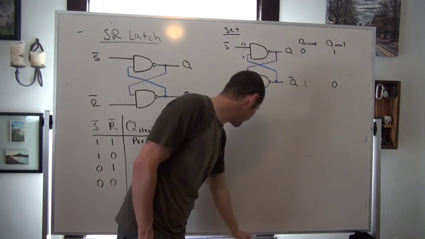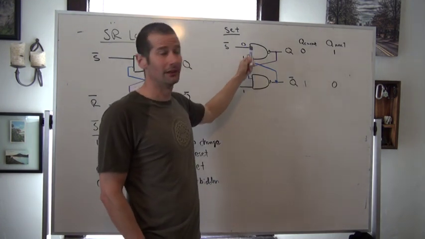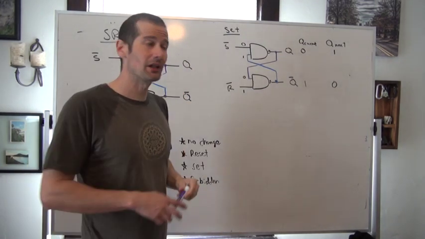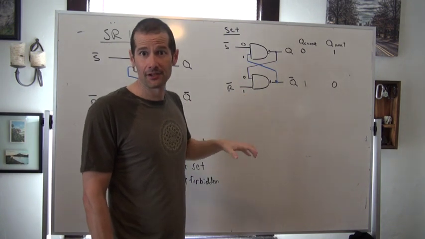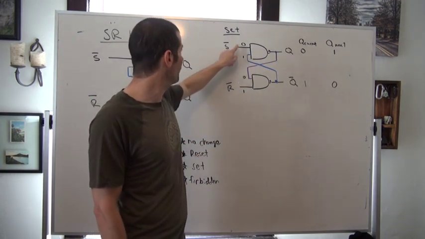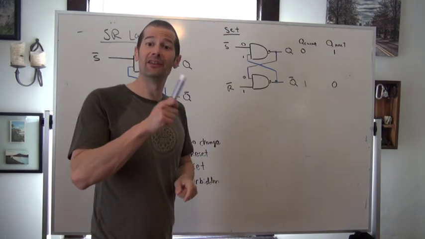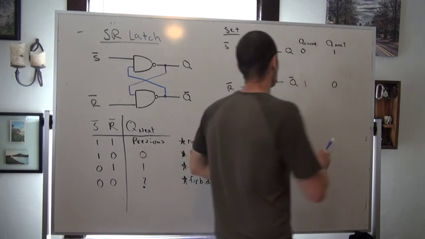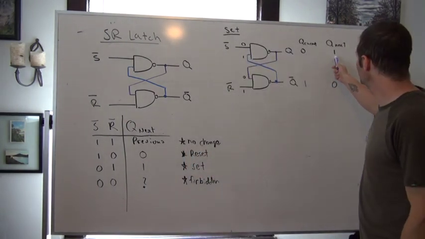So if S bar goes to 0 and R bar is 1, then that should actually cause essentially a set phase. And so we know that when we take 1 and 0 and we NAND it, then what should happen is actually Q becomes 1.